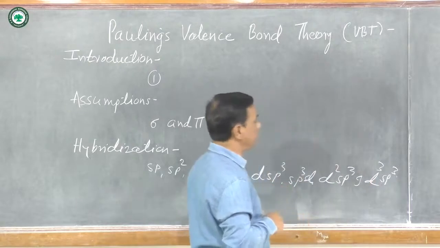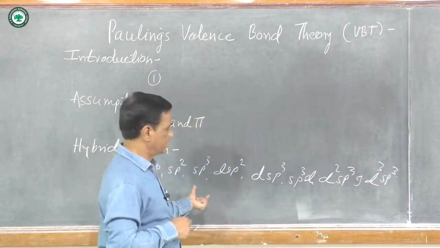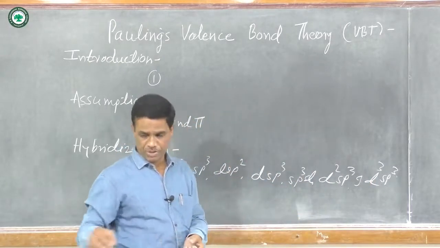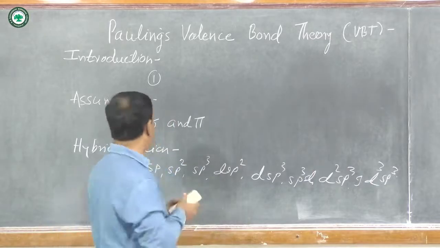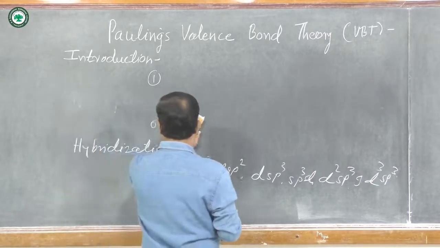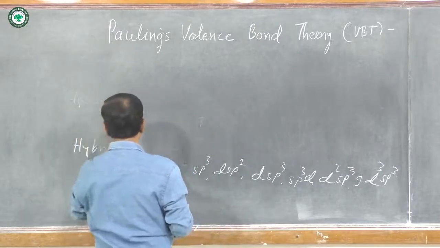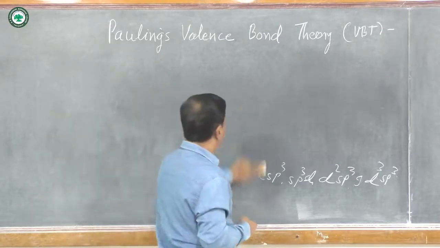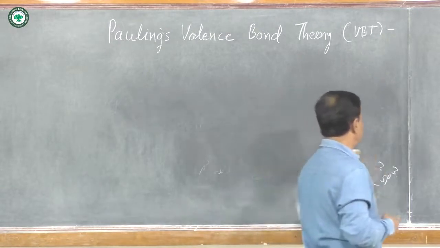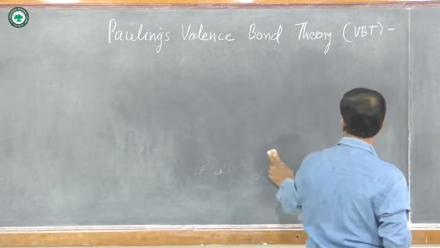These are the various types of hybridization and their respective shapes. Then some types of hybridization, their geometries, geometrical shapes, and examples of various types of hybridization.